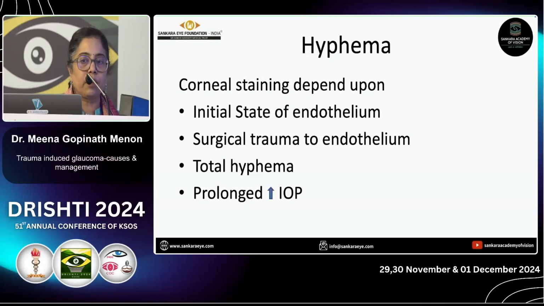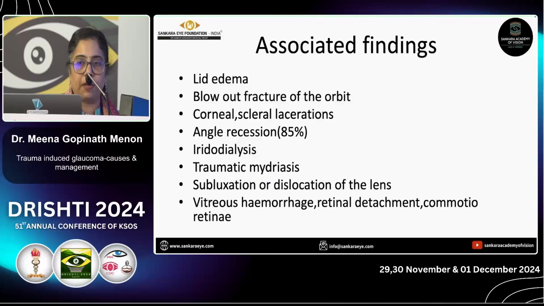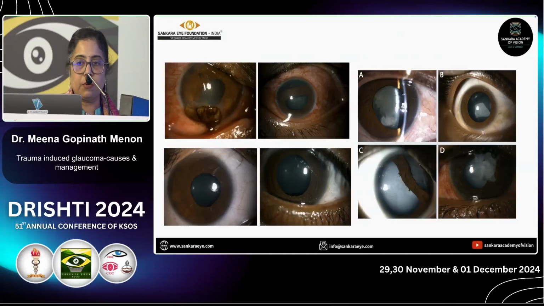If it's an 8-ball hyphema, chances of corneal staining are more, and whether there is an increased IOP for a prolonged period. Other associated findings, starting from the lids to the posterior segment, you can have various findings, including vitreous hemorrhage, retinal detachment, and commotio retinae is a very common finding which we see in the posterior segment.